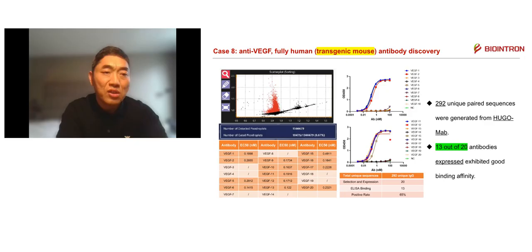With our AbDrop antibody discovery solution, after animal immunization, we got 292 paired sequences, and we chose some of them to express. You can see 13 of 20 that were expressed showed very good binding activities.